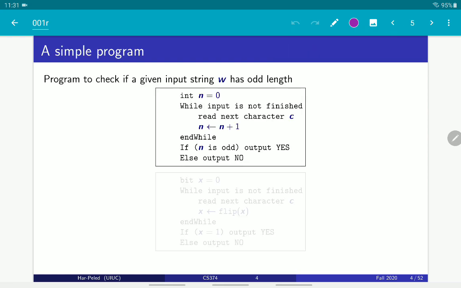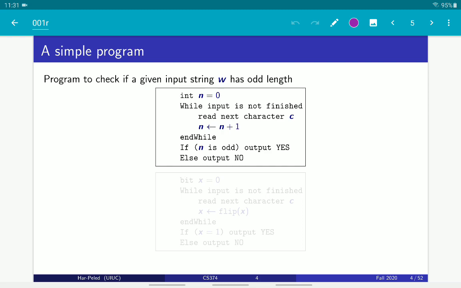Okay, so let's start maybe from one of the simplest examples. We want a program that reads a string and tells us whether or not the string has odd length. Writing this in pseudocode is very easy, right? You just init a counter n, and you read every character as long as the input is not empty.